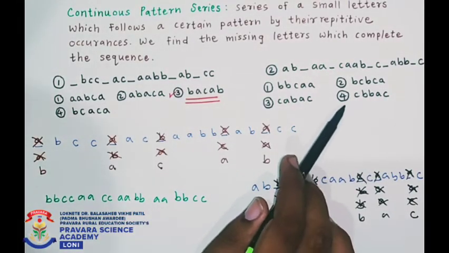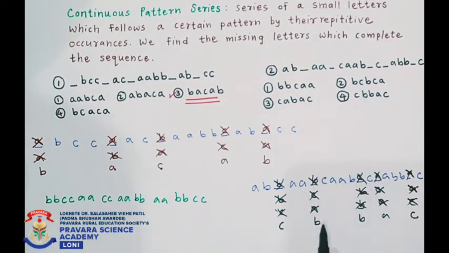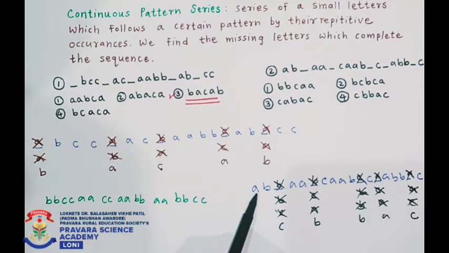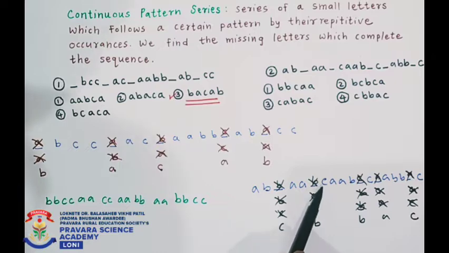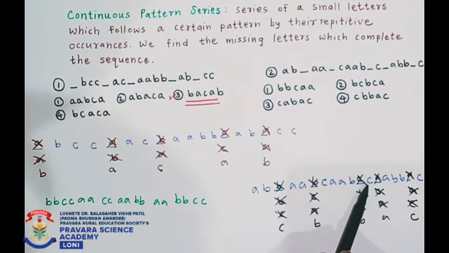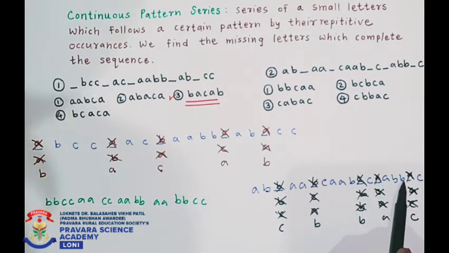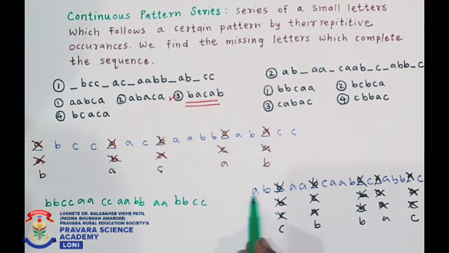Now we will put the fourth alternative: C, B, B, A, C. Now you can see the series becomes A, B, C, then A, B, C, then A, B, B, C, then A, B, B, C, C. So the pattern of repetition is created like this.